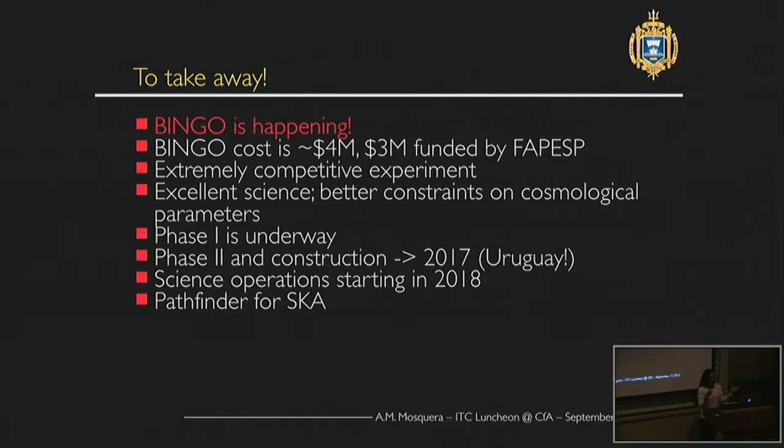I can mention some numbers: we're expecting to measure baryonic acoustic oscillations to 2%, and we are expecting to improve the accuracy of the dark energy equation of state parameter omega by four times.